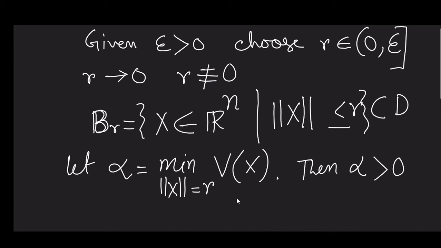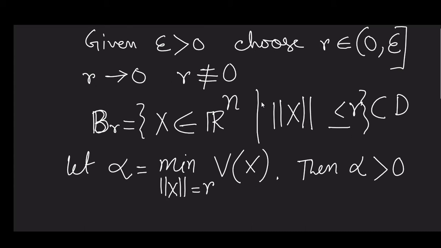See, alpha is defined as the minimum value of V(x) when you are varying it along the surface of the ball. Mod x is equal to r means you are varying x on the surface of the ball.